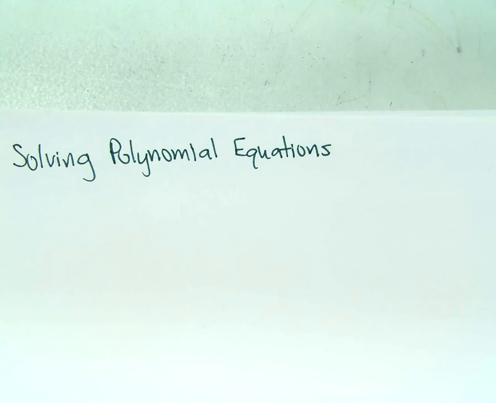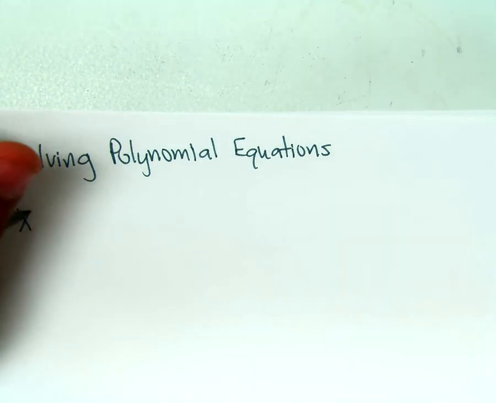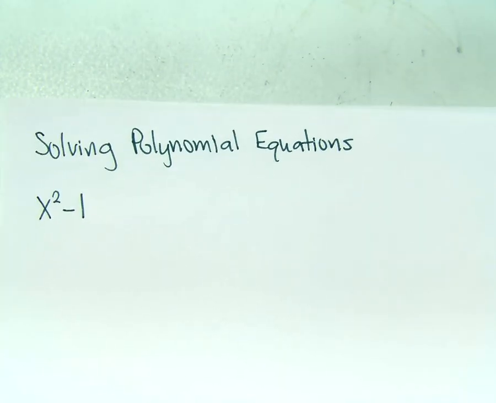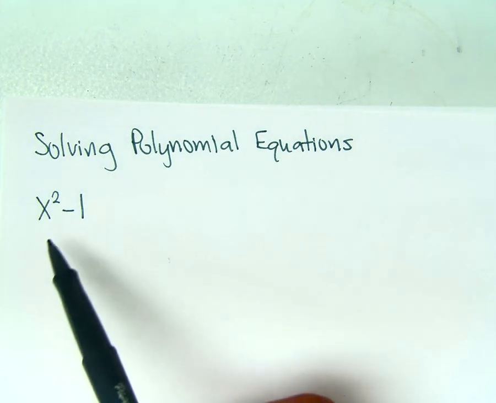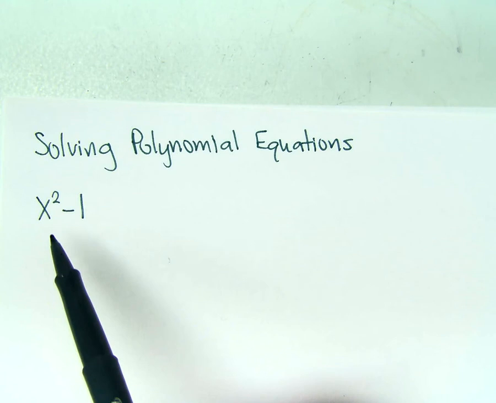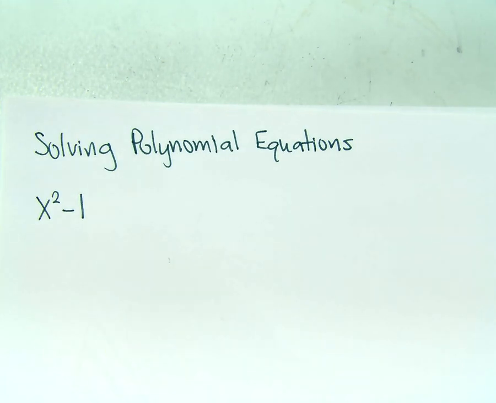Okay. So before, we were given polynomials such as x squared minus 1, and we were asked to factor. If we were asked to factor x squared minus 1, what method would we use?